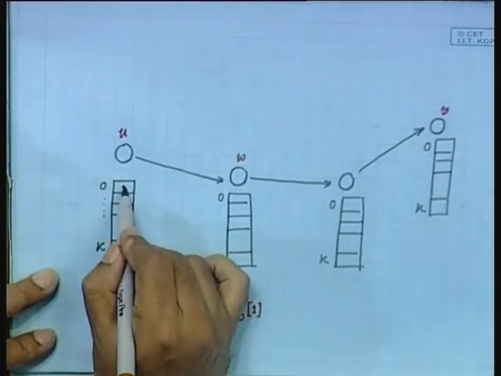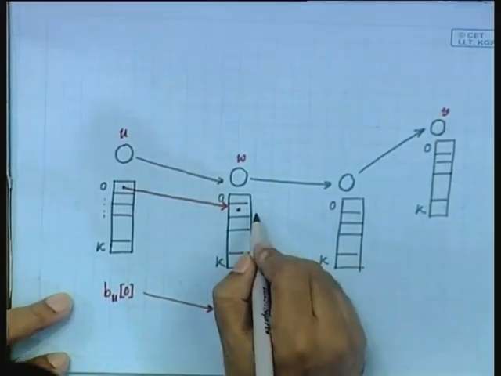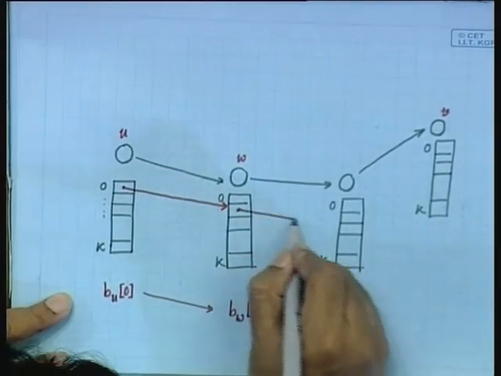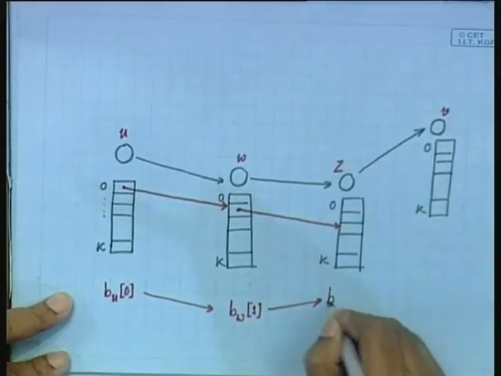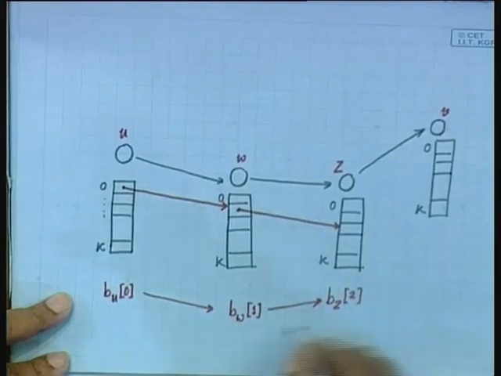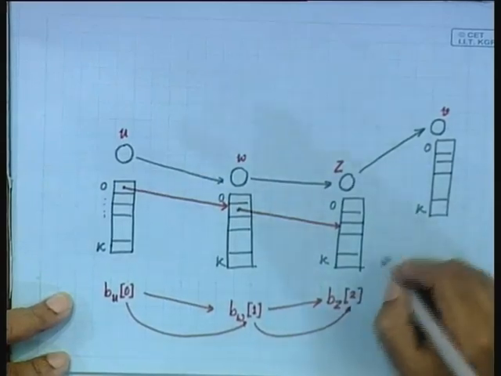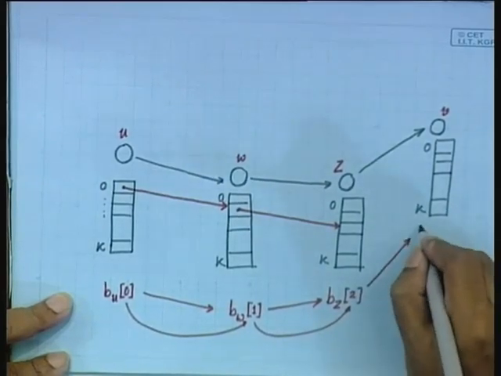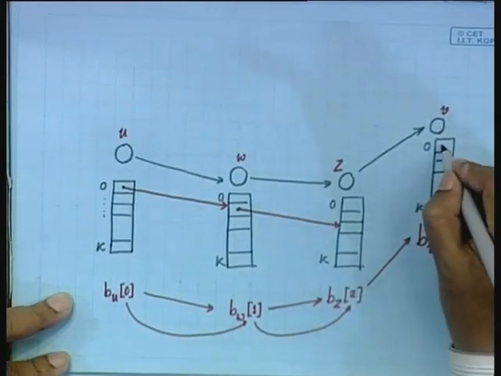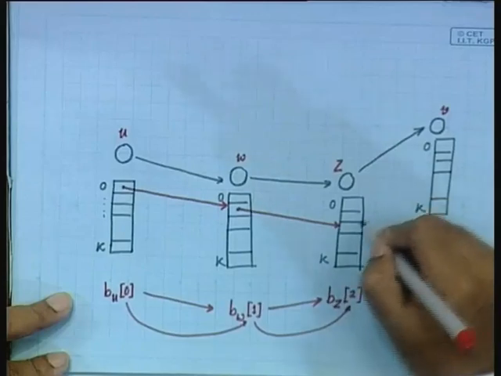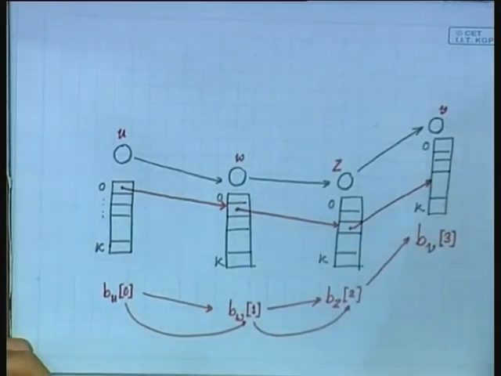So, it is going to go from here to here. For the next hop, it will go from here to, let us call this Z, BZ2. Note that this index is increasing by 1 every time. And then when it goes here, it will go in BV3.